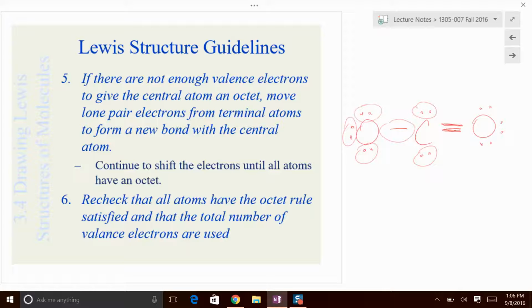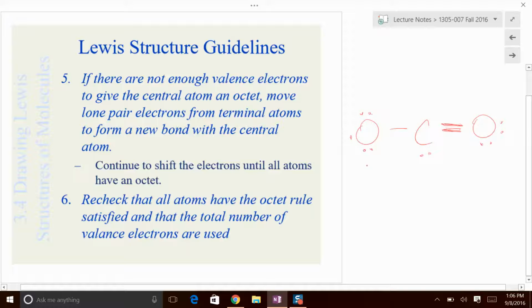How many electrons are on this oxygen with that double bond? 10. So that's too many, so I have to remove a pair of electrons. How many electrons are on the carbon? 10 also, right? So I have to remove electrons from the carbon as well so that I can maintain the rule of 8.